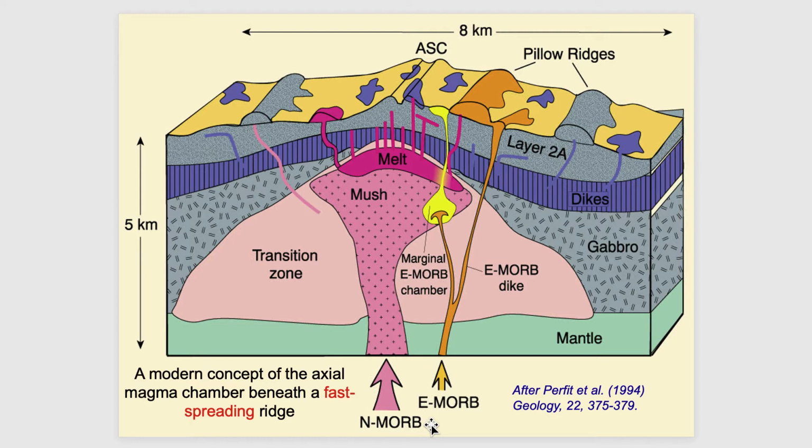These sources would be related to pre-existing fragments of crust that were subducted and are floating at the interface between the outer core and the mantle.